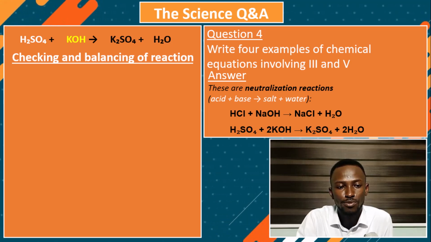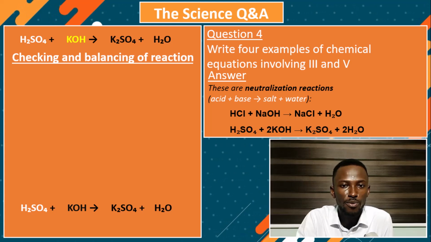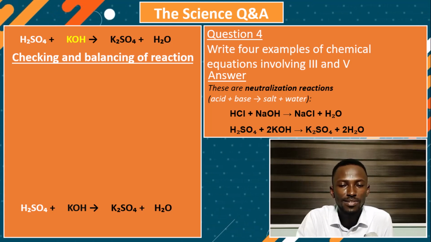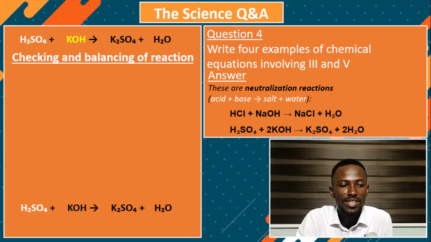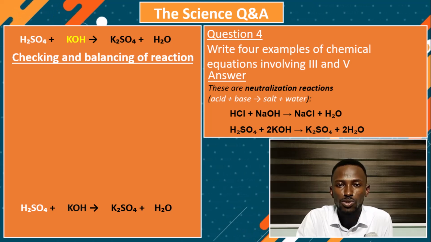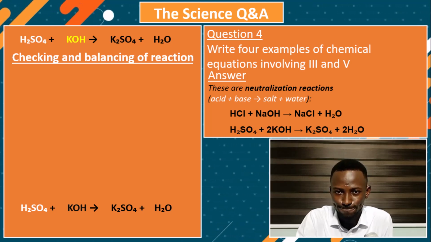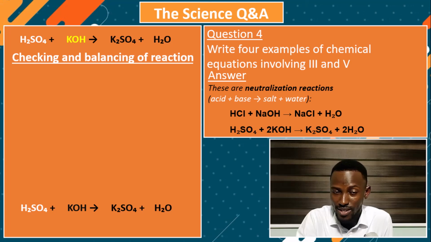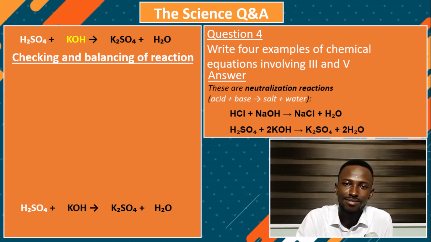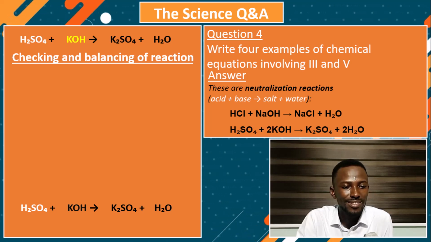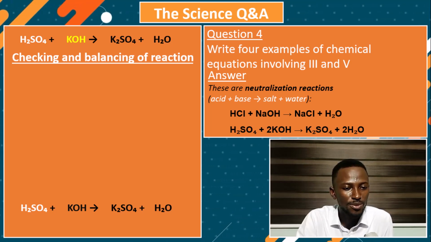Before we go through the steps, let me just rewrite this unbalanced reaction, the one you see at the top, further down, because we'll be doing some operations on it. So pay close attention. Things are going to get quite tricky and interesting. But don't be discouraged. I believe you will be able to do it.